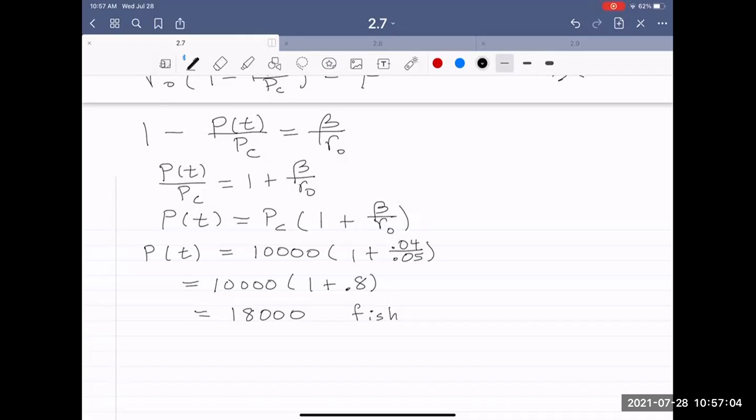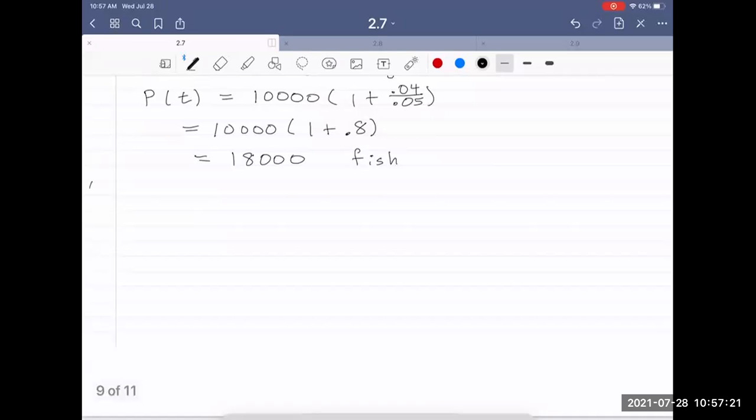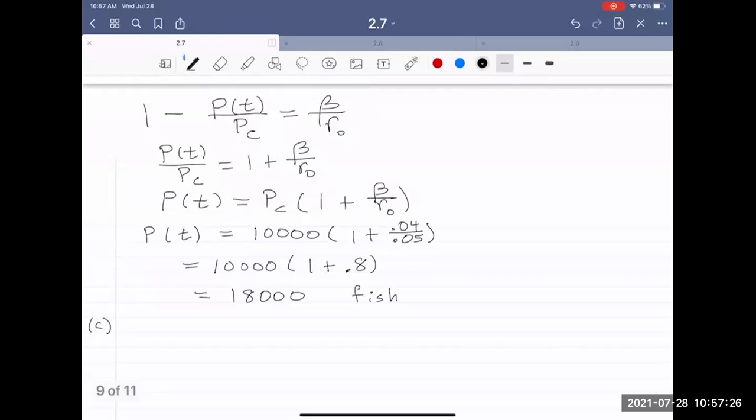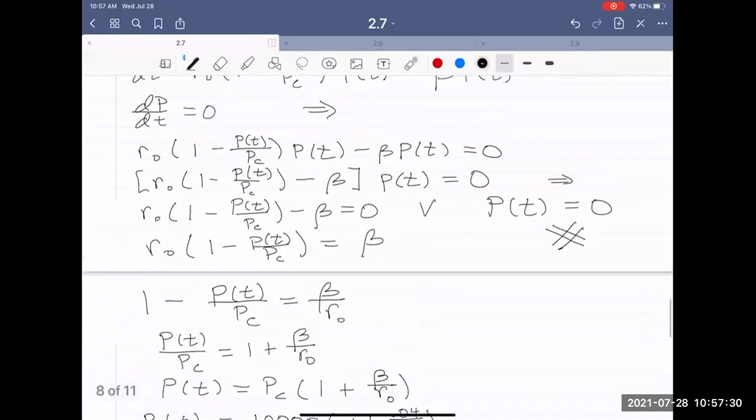Okay, let me do part C. But what happens if you raise it to 5%? Oh, okay, so part C. Well, I noticed I've already solved this equation in general.